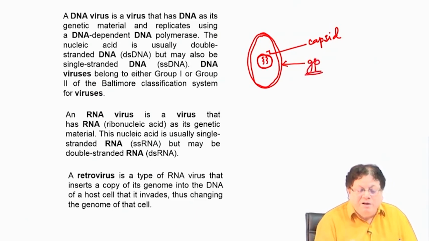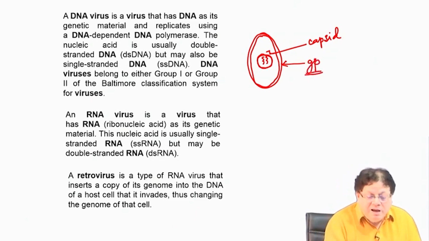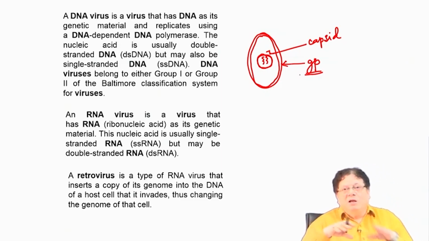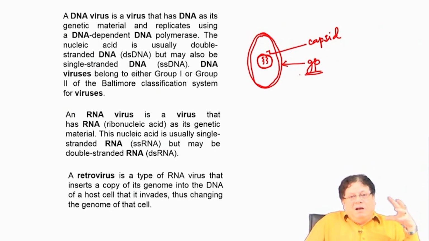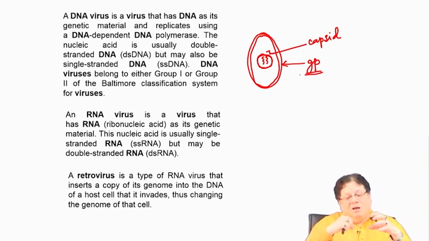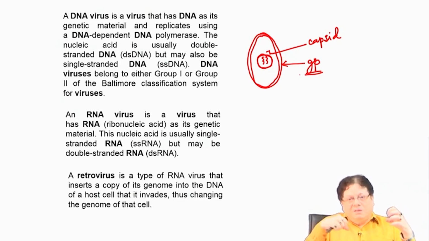Now, this is GP, glycoprotein. These are very important because if a virus enters my body, the virus particles are first recognized by the cells present inside my body, and these glycoproteins help this recognition process.